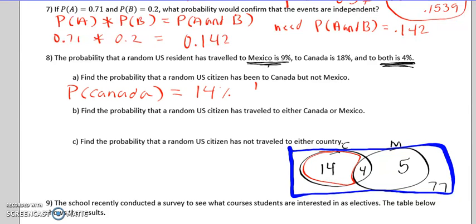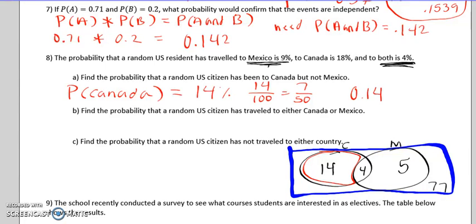And we could even do 14 over 100, 7 over 50. Again, just be familiar with the different ways that this could be written on an exam. You could have a decimal, you could have a percentage, you could have a fraction. They all tell me the same exact thing.